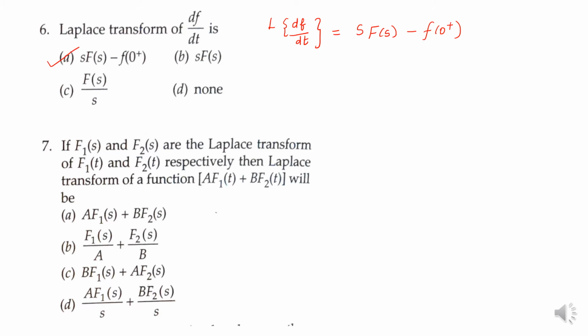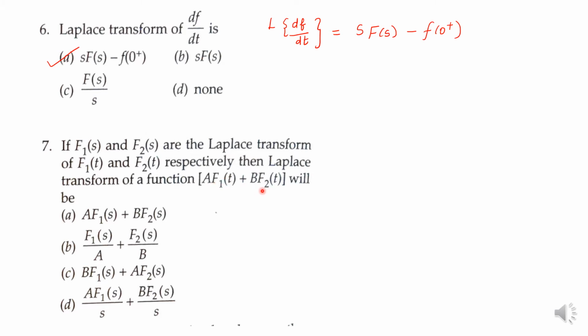If F1 of s and F2 of s are the Laplace transformations of f1 of t and f2 of t respectively, then Laplace transform of a function a f1 of t plus b f2 of t will be. Here a f1 of t, what is the Laplace transformation? a F1 of s.